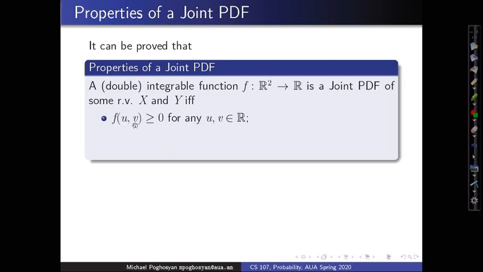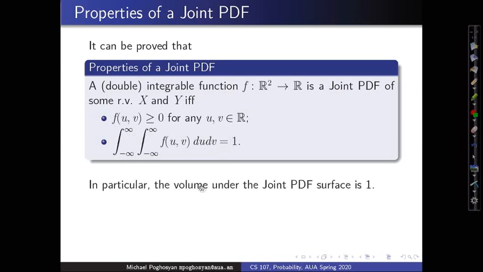So f is non-negative for any u, v, and the double integral over the whole plane, over minus infinity to plus infinity times minus infinity to plus infinity, of f is 1. So geometrically that means that the volume under the joint PDF surface, so we will have a surface for that f_XY, the volume under that joint PDF surface is 1.